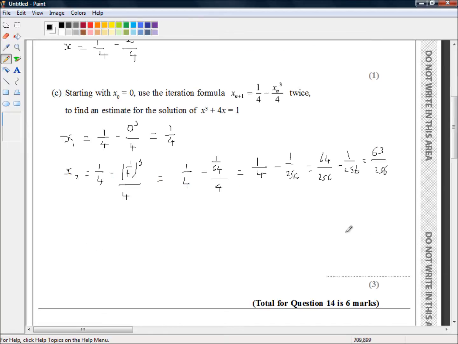I just hesitated there because I thought of an easier way you could have done this. I'm just going to quickly give you the easier way. Once you'd got this here, you could have just shoved this into a calculator as it is.